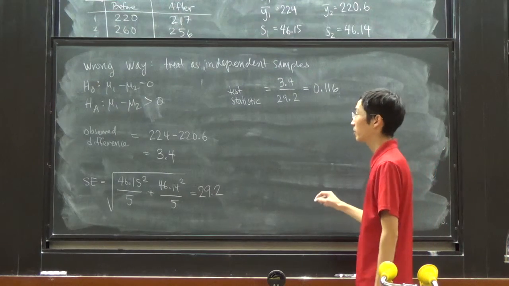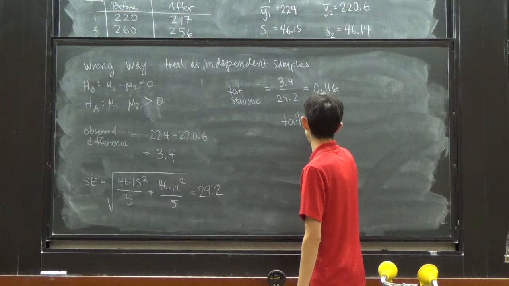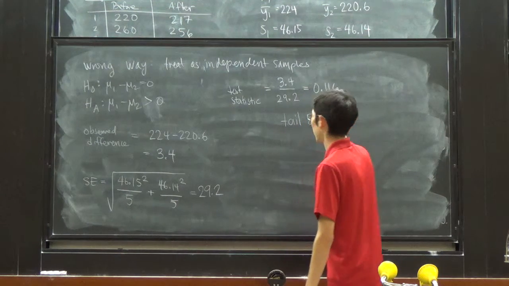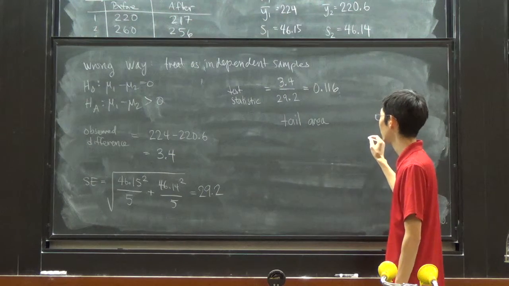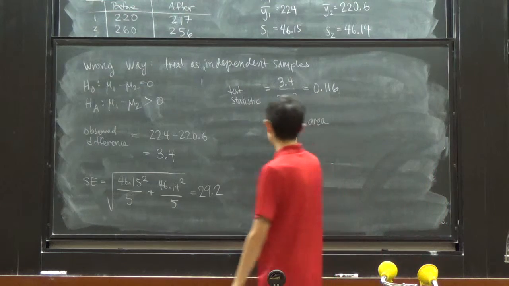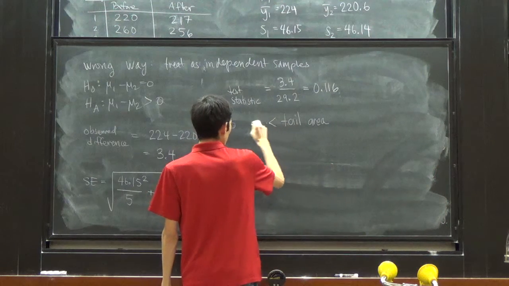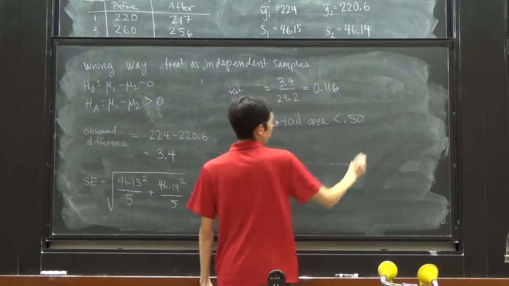And so when I look at my tail area, what do I have? I know my tail area is 15, 20? Yeah, it's going to be more than 20%, but less than 50%.